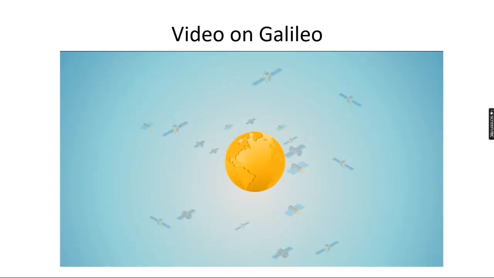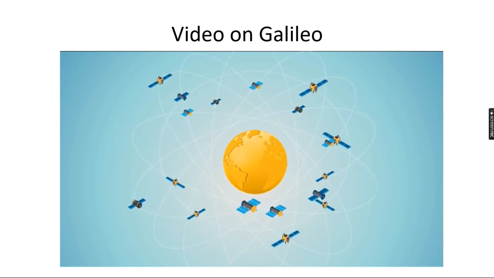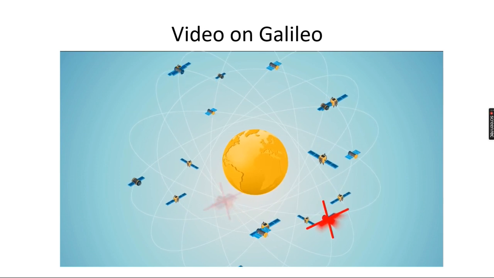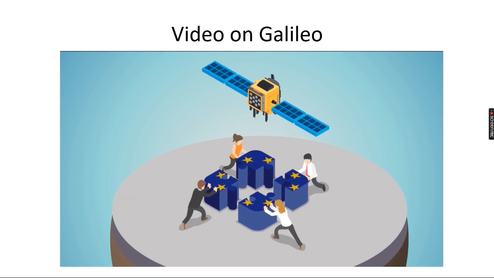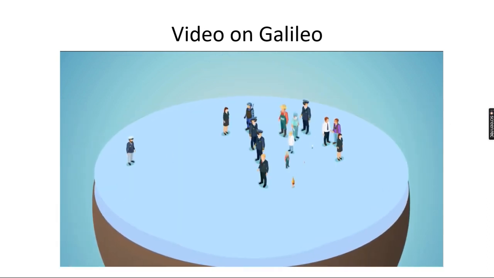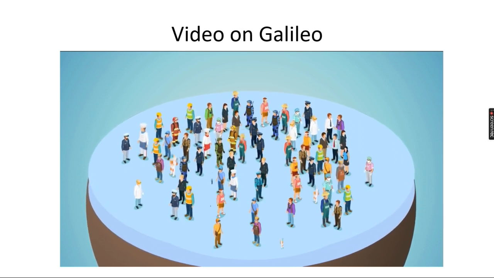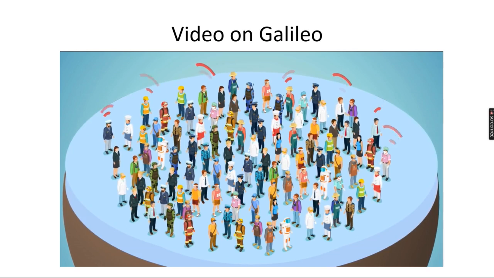By deploying Galileo, Europe also minimizes the risk of other navigation systems being switched off or degraded. Galileo is the result of unprecedented European cooperation and innovation to offer people across the globe a new, reliable, independent civilian navigation and timing system that will power limitless applications.